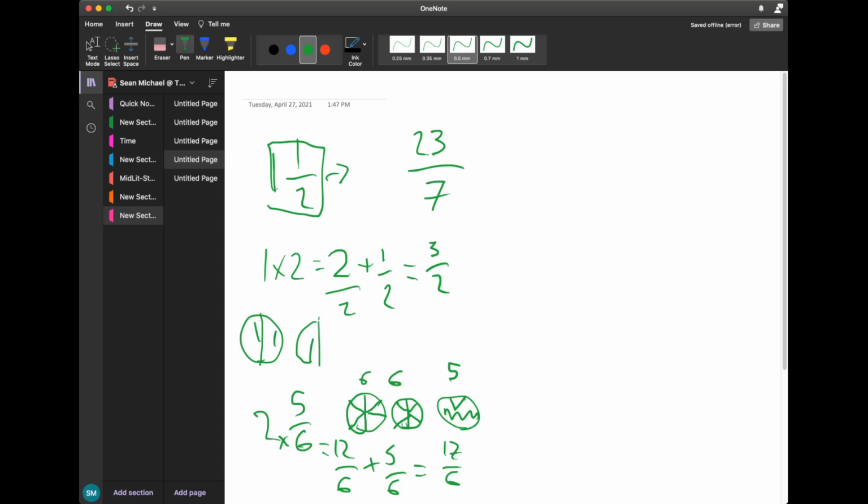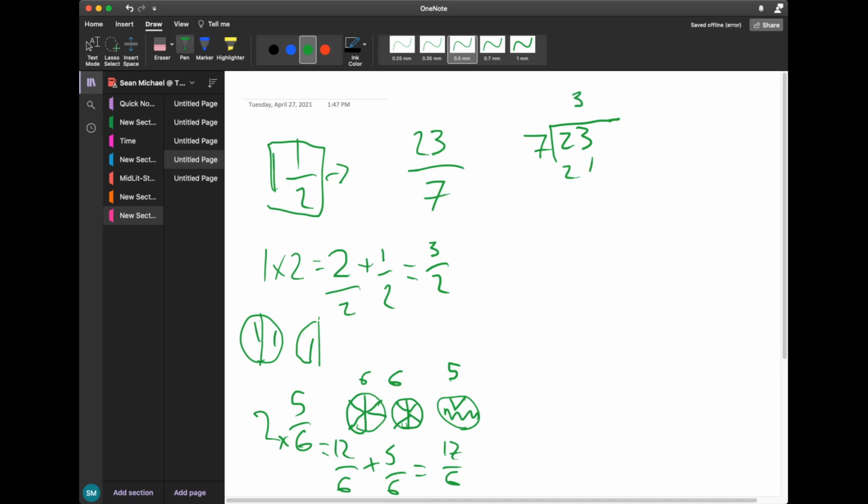So that's fairly easy. Now when we're converting the other way, we can go like this. We just take the 23 and we want to see how many wholes this can make. And what we can do is just divide. So 23 divided by 7, how many times can 7 go in? It can go in 3 times, right?